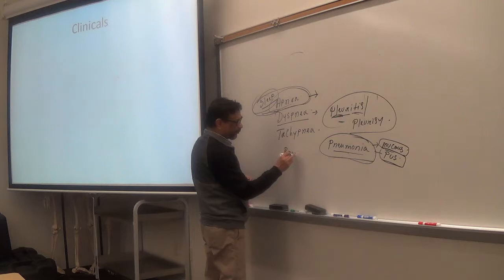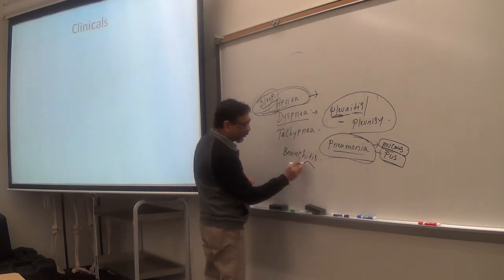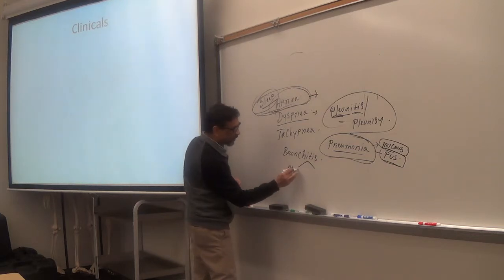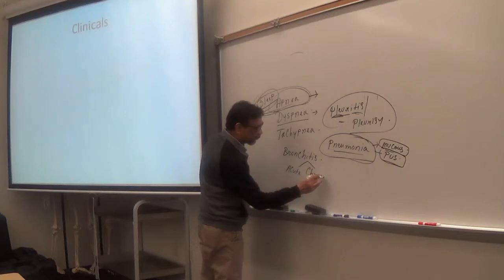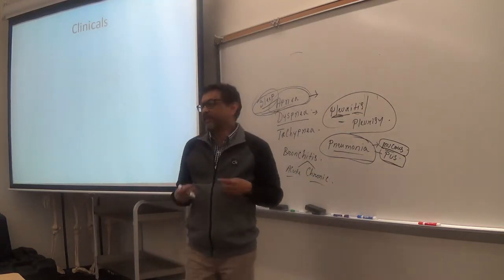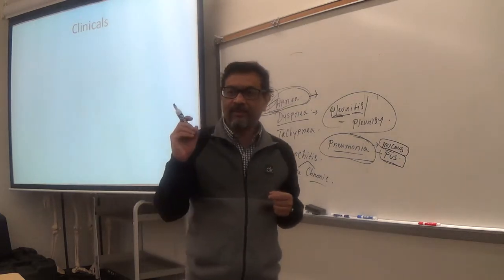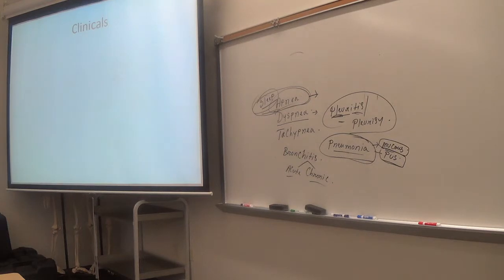Bronchitis. Bronchitis could be acute bronchitis and chronic bronchitis. Okay? Acute bronchitis is for short time. Okay? Acute means short.